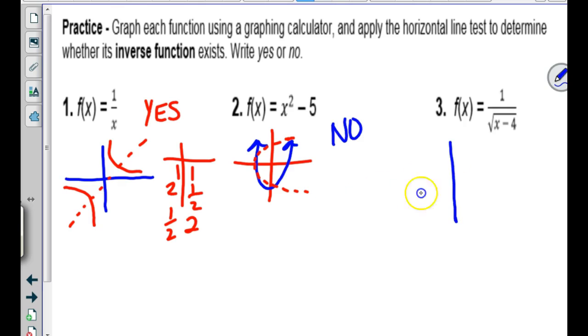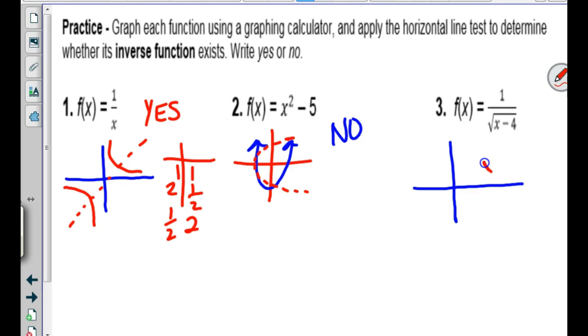All right, I don't think I know what this looks like. One divided by the square root of x minus 4, zoom 6 maybe? Does it show anything? Oh, interesting.